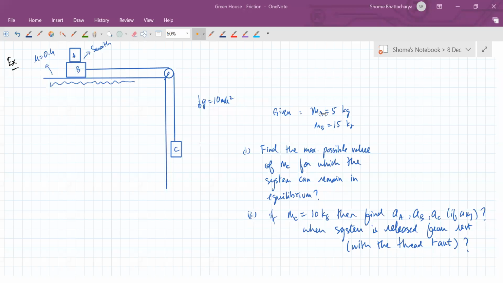Both the Yashes and Vashist, your answer is correct. Tej, no, that's not correct, unfortunately. Krish, correct. First part answer should be 8 kg. Mass of C should be less than or equal to 8 kg for the system to be at rest. So maximum is 8 kg.